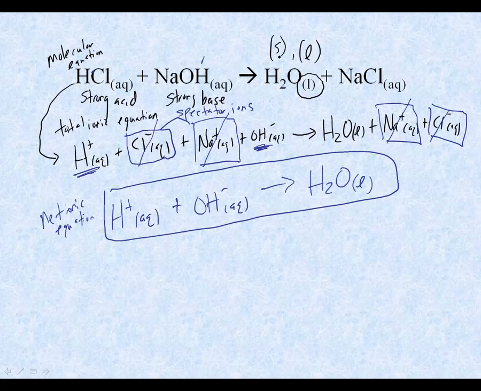When we look up here, with our strong acid and strong base, we produce the same two things that we talked about. We produce water, and in the molecular equation here, this is what is referred to as our salt, which is just an ionic compound. Any questions on that there?